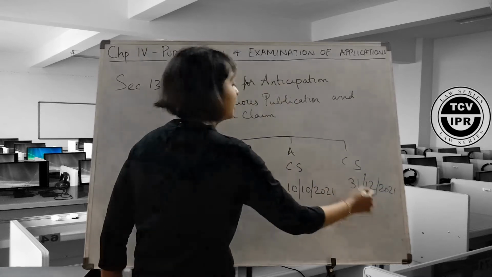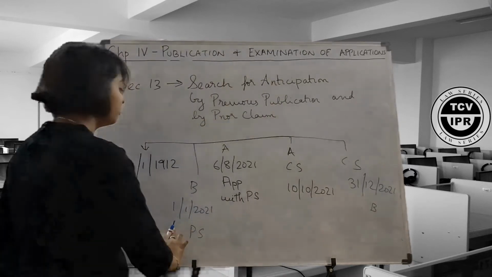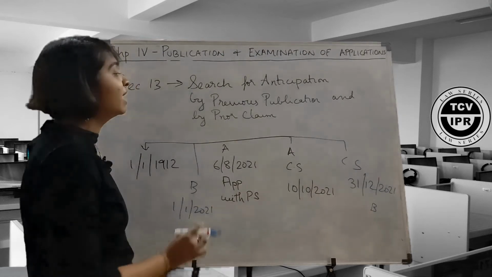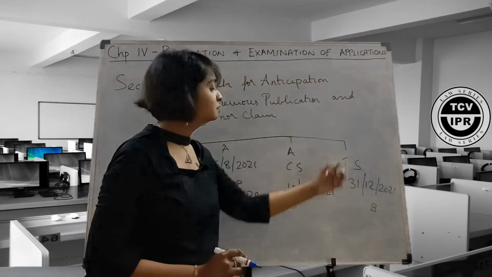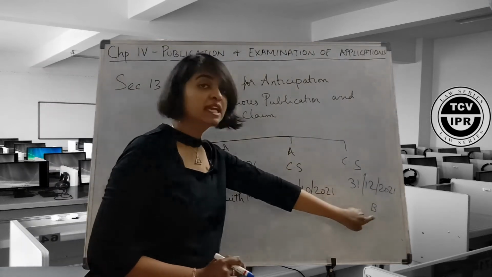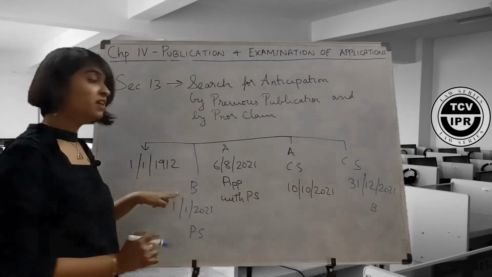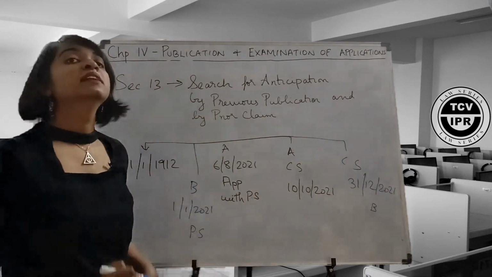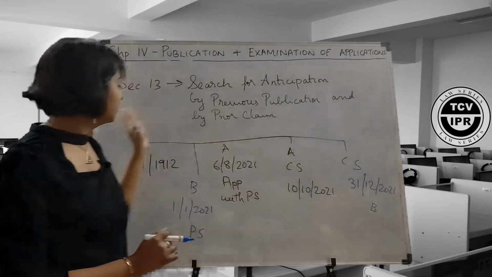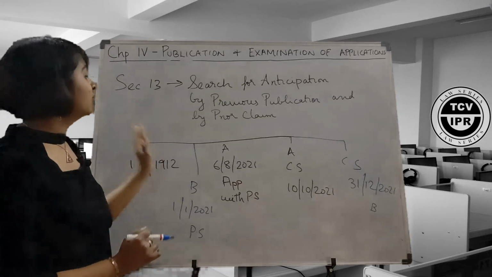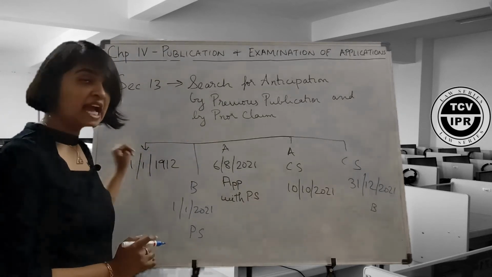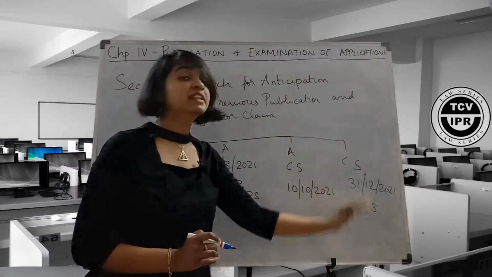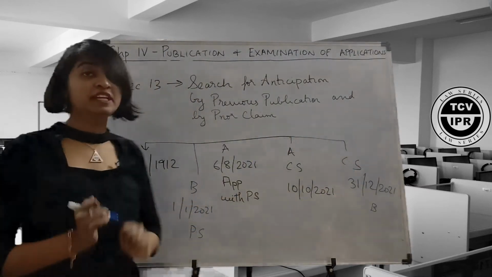Okay, so Mr. B is filing his complete specification after Mr. A. Now why they check afterwards is because Mr. B can claim priority, since he filed the application before Mr. A did. That's why they will check not only the previous aspect, the previous publications, to see whether he has anticipated, but afterwards also they will check whether anybody else can claim priority.